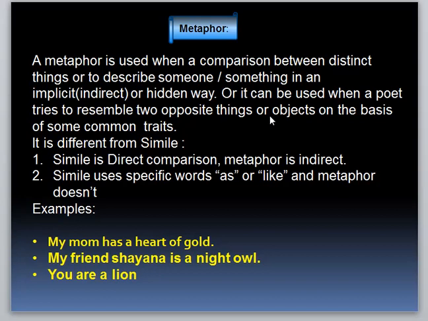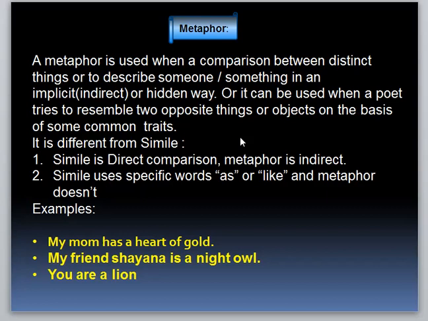It's an implicit way, meaning an indirect way of describing someone. It resembles two opposite things or objects on the basis of common traits, but you are describing it in a hidden way.